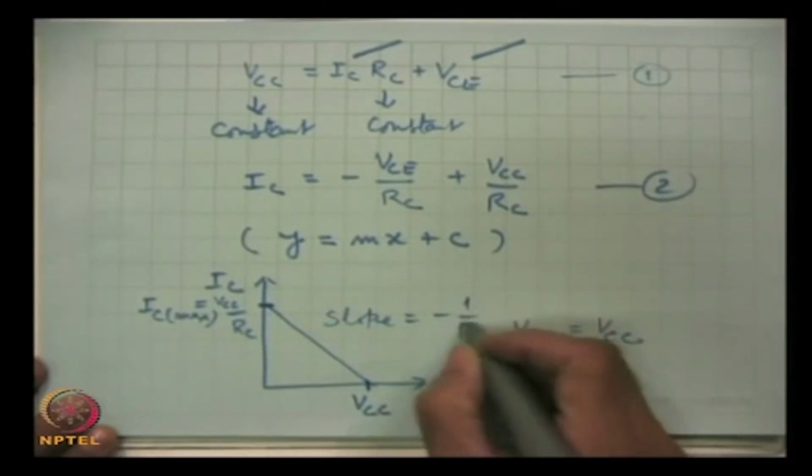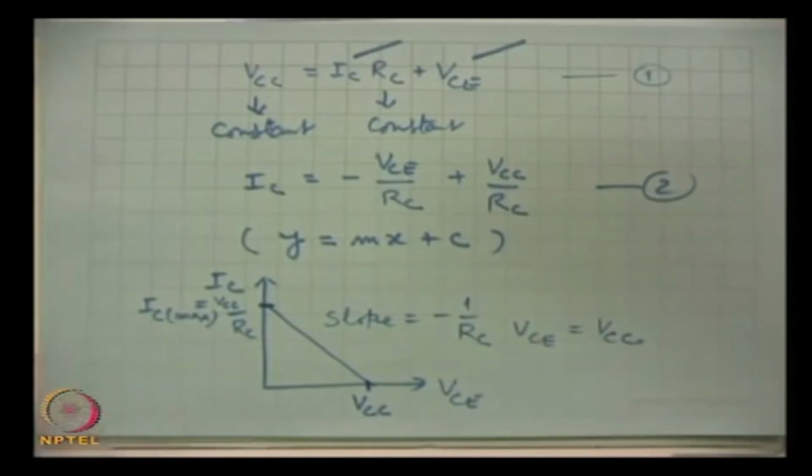This becomes a useful line when we draw it over the output characteristics of the transistor like this.